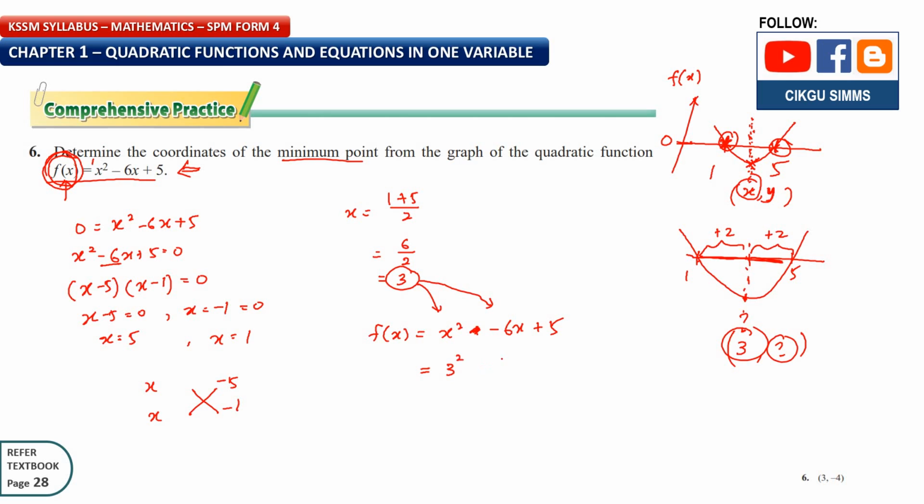I'm finding the value of y. 9 plus 5 is 14. 14 minus 18 is negative 4. So I have my x and I have my y already. So the coordinate of the point will be (3, negative 4). This is my minimum point.